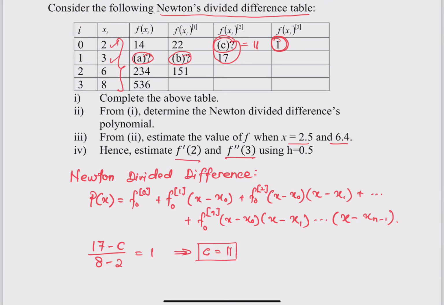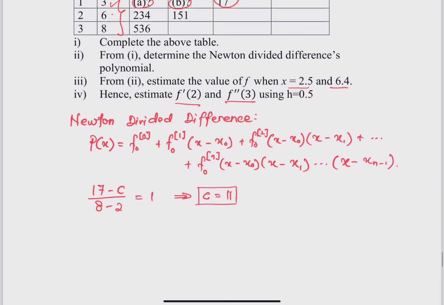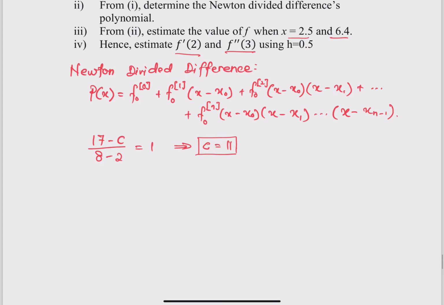And then you can also get the value of b, when your c here is equal to 11. You can write b minus 22 divided by 6 minus 2 is equal to 11.